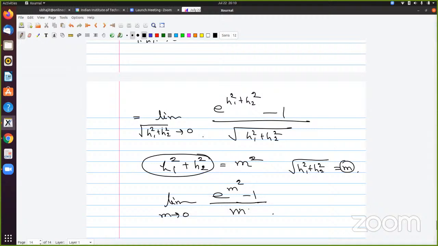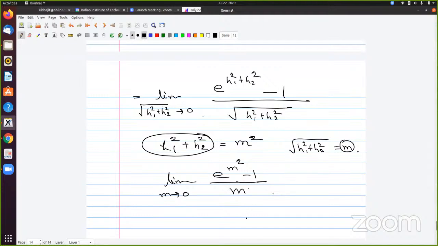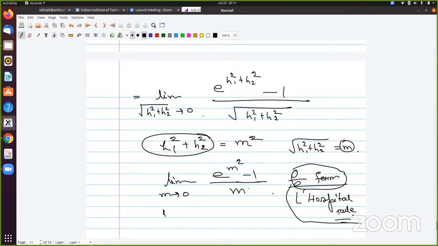Now what is this limit? Do you know this limit? Do you remember L'Hopital's rule? Can you use L'Hopital's rule to conclude the limit? Above, this is 1 minus 1, so it is 0, and this is 0. So this is in 0 by 0 form, right? So we can differentiate it.